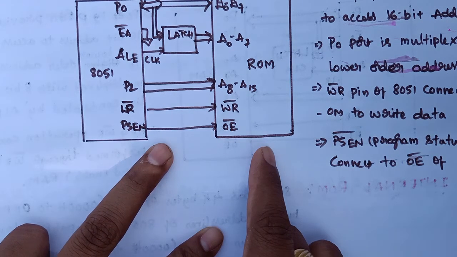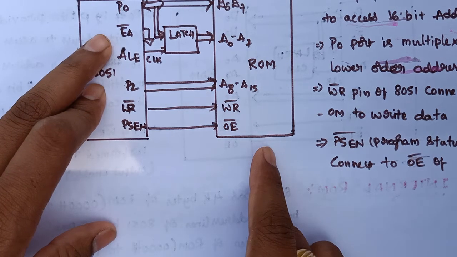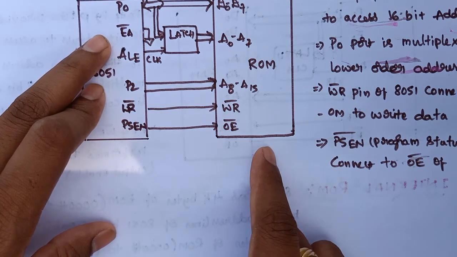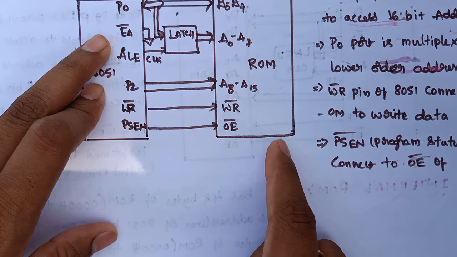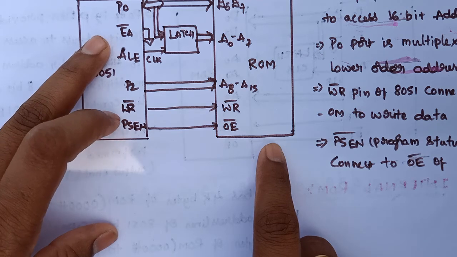Here also the procedure is the same. The EA pin is connected to 0 to fetch the information from the ROM, or we can program the ROM, because for ROM we need to write only, with no read option.